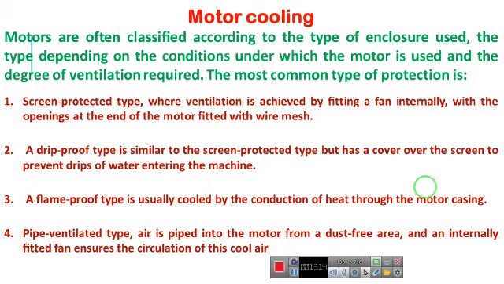For example, in the series motor, the armature current IA is equal to the field current. In the shunt motor you have different types: the line current I is equal to IA plus IF. In the compound motor it is also the same as the shunt motor. You have to keep all that in mind, and we will give you some solutions or examples, and you will become familiar with that.